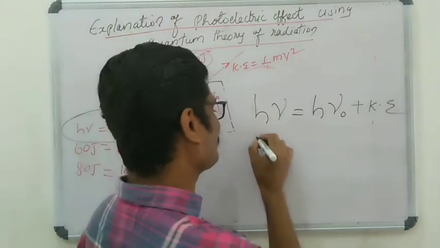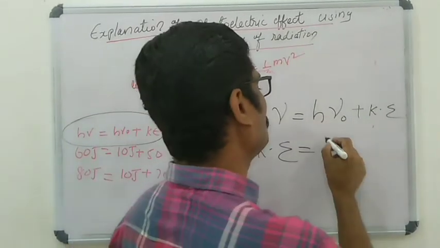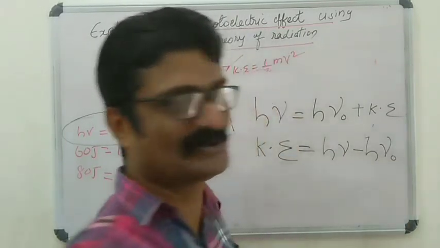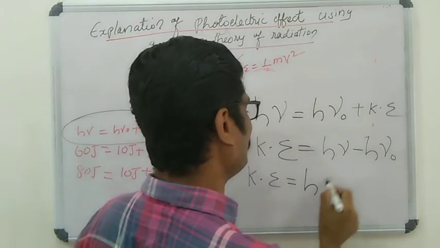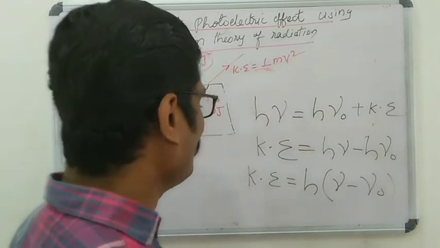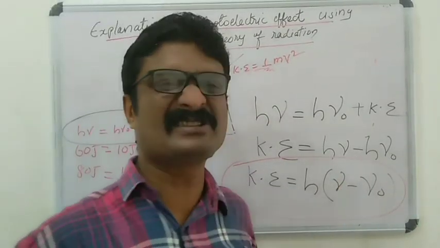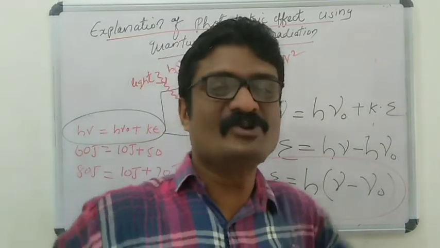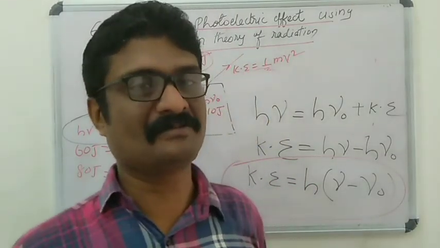Therefore, kinetic energy of the ejected electrons is equal to h nu minus h nu 0. That is, kinetic energy is equal to h into nu minus nu 0. Here nu is the frequency of the incident photon and nu 0 is the threshold frequency of that metal.